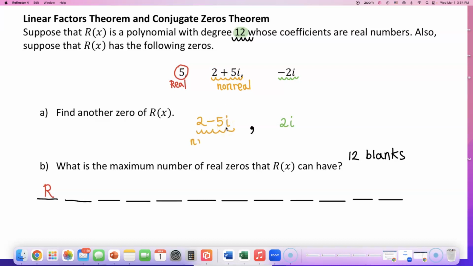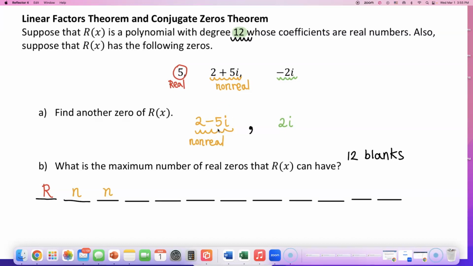So we have two non-real zeros here. So I'll write little n for non-real, okay? Non-real, non-real. The third one they gave me was also non-real, right? But its conjugate partner must also be non-real. So how many n's do I get from this pair? 2, right? Non-real and non-real.